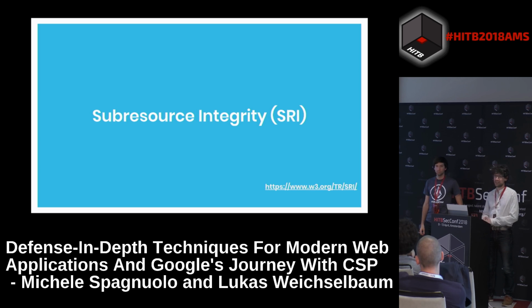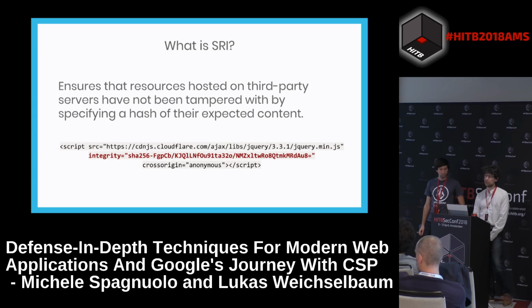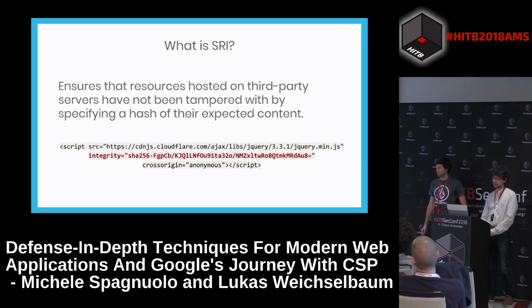So, for example, one such easy mitigation to adopt is Subresource Integrity, or SRI. Basically, a lot of websites have to source external scripts with a script tag from a third party, usually a CDN. And the problem with that is that you are executing untrusted JavaScript in your web origin, right?